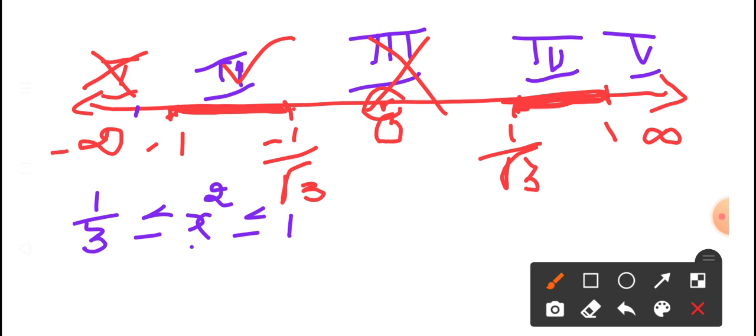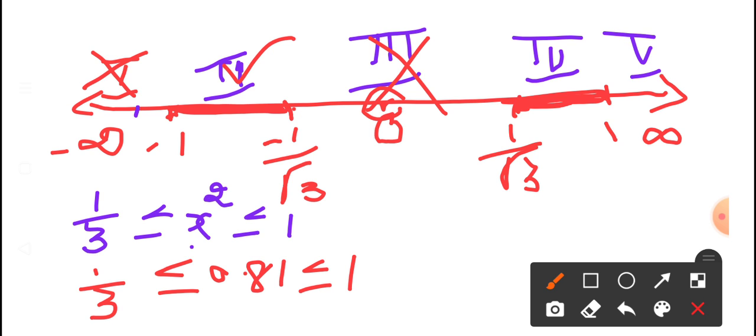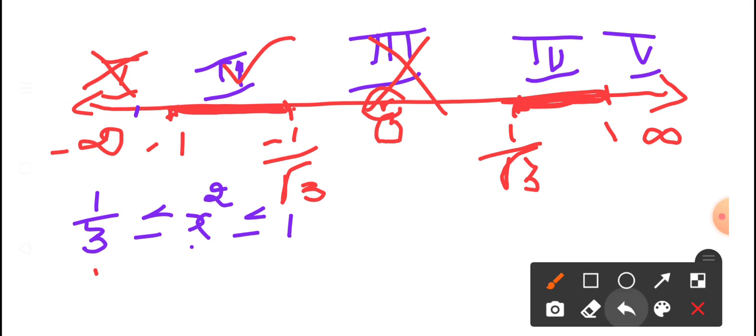Similarly, we take 0.9 and substitute in this place. 1/3 ≤ 0.9², that is 0.81 ≤ 1. 1/3, that is 0.33 ≤ 0.81 is right, and 0.81 ≤ 1 is also right. So the fourth interval is possible. This is the right interval, so we select the fourth interval.